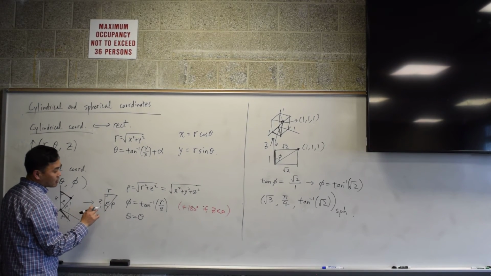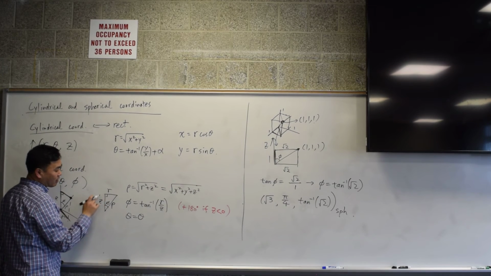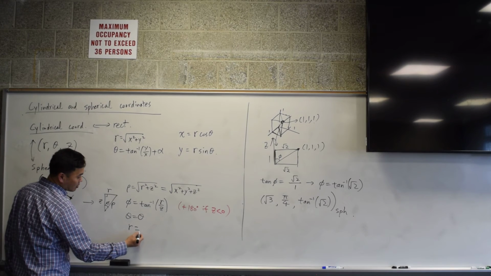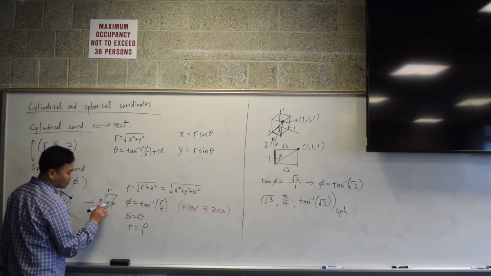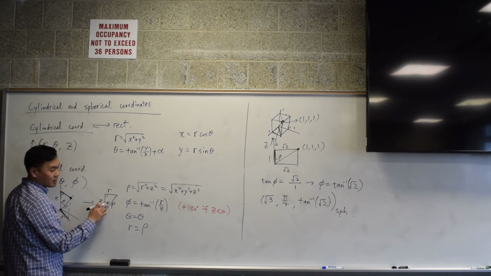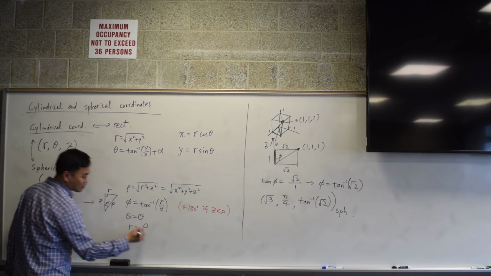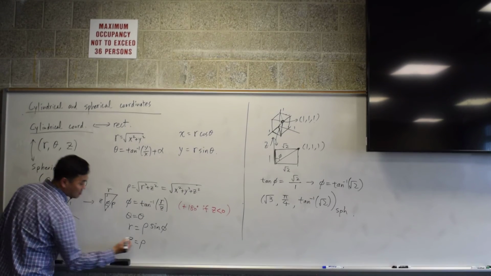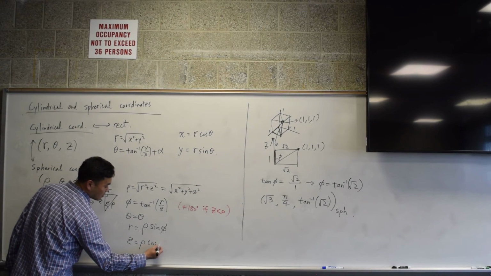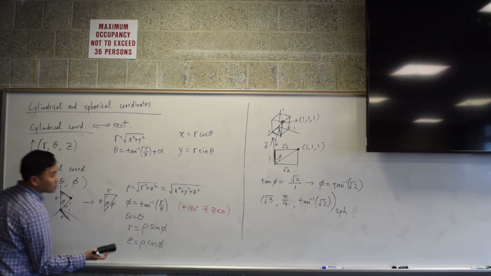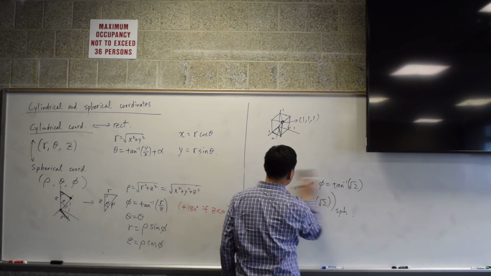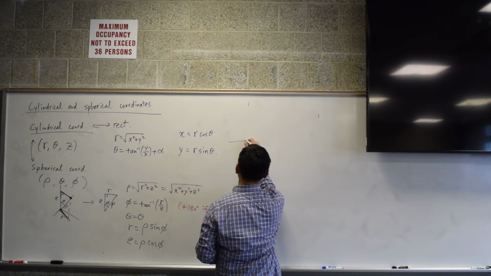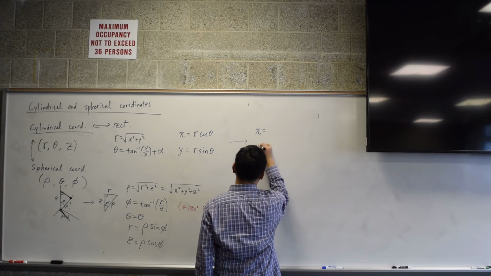Okay? So now you have to know how to go back. If you're given rho and phi, how would you get r and z? Well, here's the formula. You get r by doing rho times what? Sine phi or cosine phi? Sine phi, because it's the opposite, right? And then you get z by rho times cosine phi. And then furthermore, because x is r cosine theta, this can be transformed into x and y.